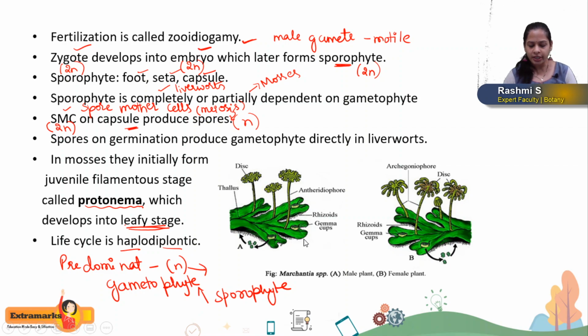You can also observe the dichotomous branching. Every branch is once again divided into two parts. You can observe dichotomous branching in liverworts.